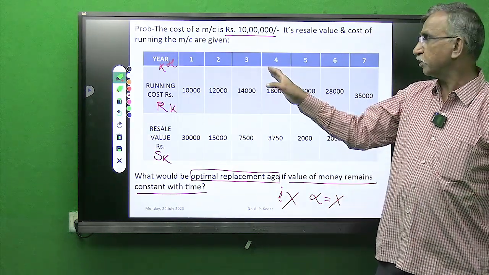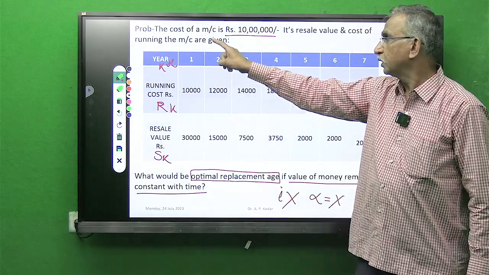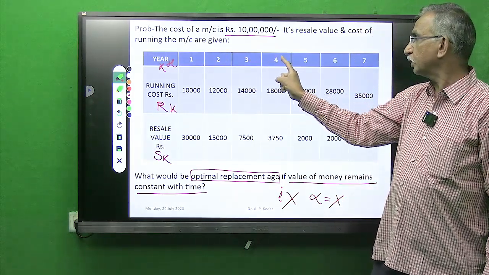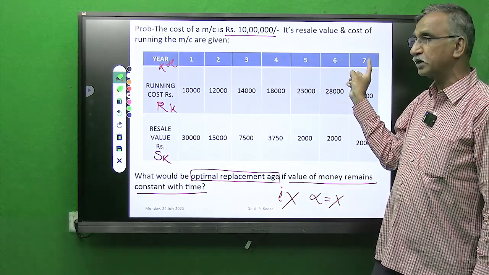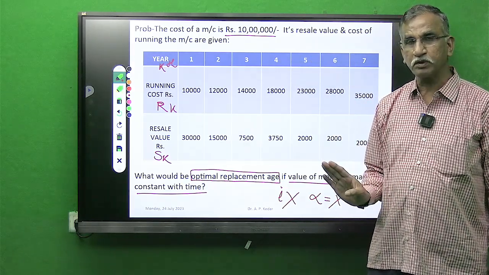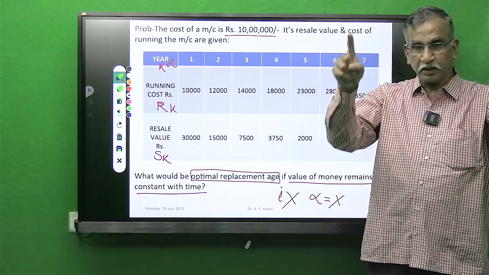What will we be doing in this problem? We will be calculating average annual cost for year 1, year 2, year 3, year 4, year 5, year 6 and year 7. We will be finding that average annual cost for all 7 years. We will make a table.